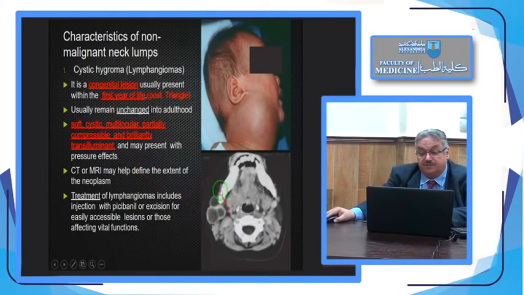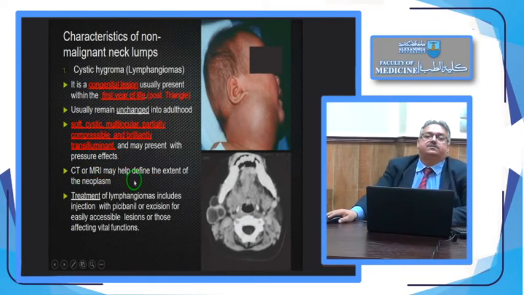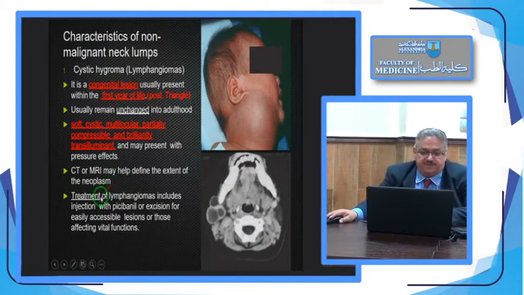Because it sometimes extends into the root of the neck, into the axilla or the chest. So it goes from here to the axilla, through the root of the neck, or to the mediastinum. So CT or MRI, and preferably the MRI, may help to define the extent of the lesion.